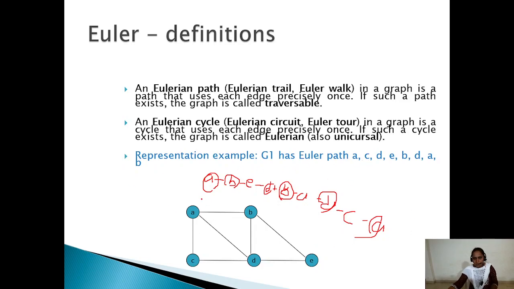This is one path: A to C, C to D, D to E, E to B, B to D, D to A. Which vertices are repeated? A and D. There is no problem, but edges are visited only once. This is the Euler graph.